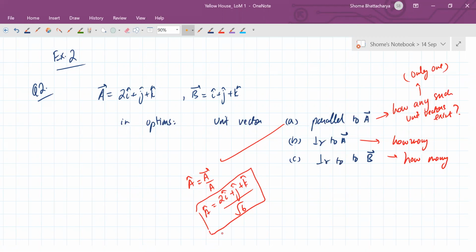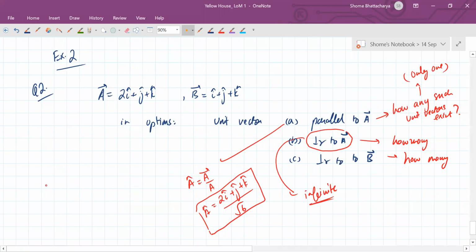Okay, but what about perpendicular? It's only perpendicular to A, not perpendicular to both A and B. For just one vector, how many perpendicular unit vectors are there? There are infinite. The infinite such unit vectors. So see, A is just a vector like this. If you think of a plane which is being cut by A perpendicularly, there are infinite vectors in this plane.